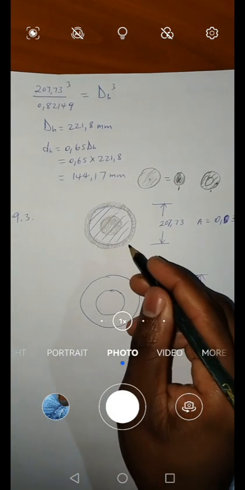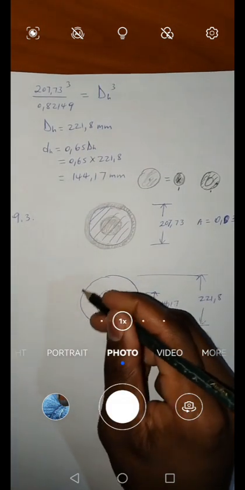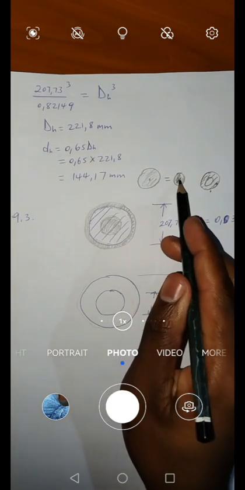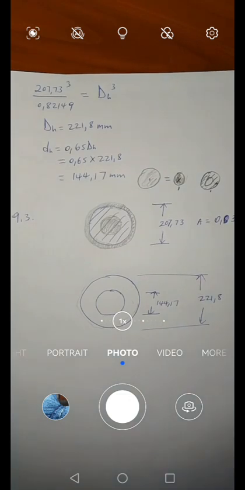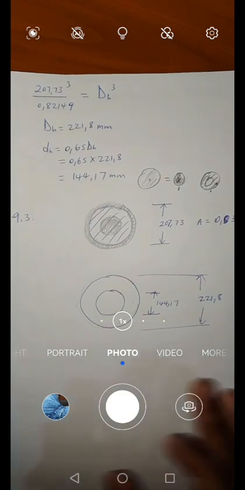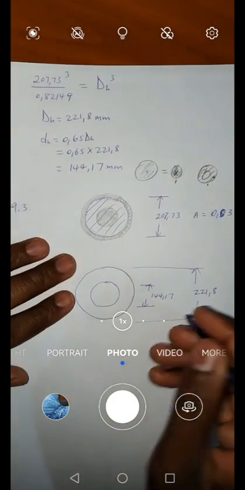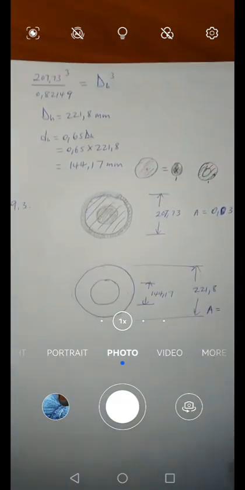This pencil line that you see here is this one. Since I said that a certain amount of material will not be used, this is the one that we've saved. Okay, anyway, from our calculations, you can calculate the area to see what I'm talking about.